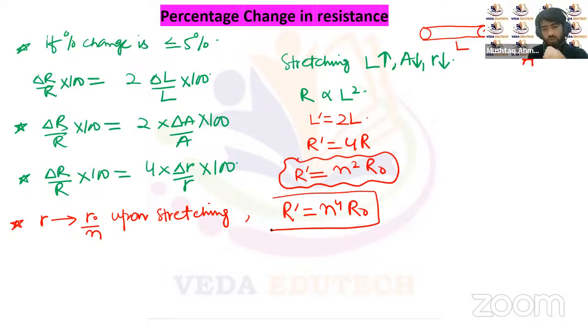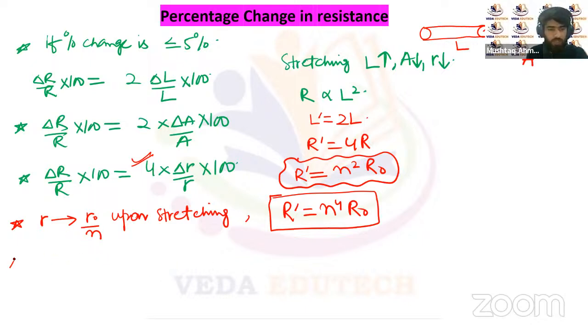So the factor 4 will be there. You can see here, with respect to resistance, we have the factor 4: if there is a change in radius, then it will be 4 times the change in resistance. So n to the power 4 will be the new resistance if we decrease the radius of this conductor to R by n.